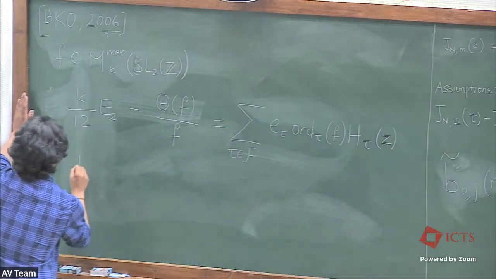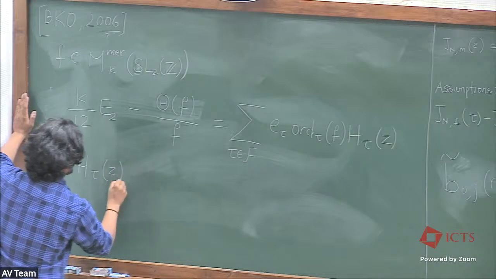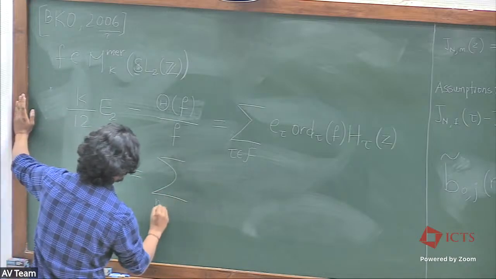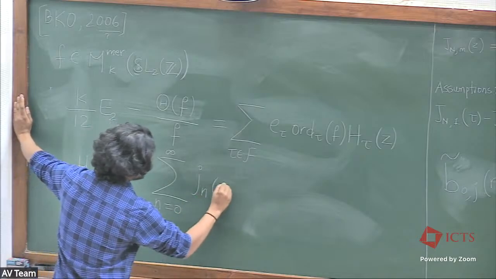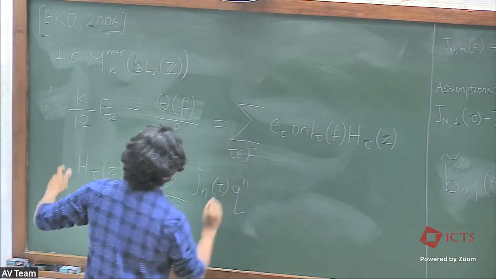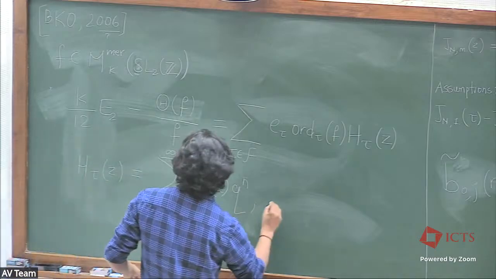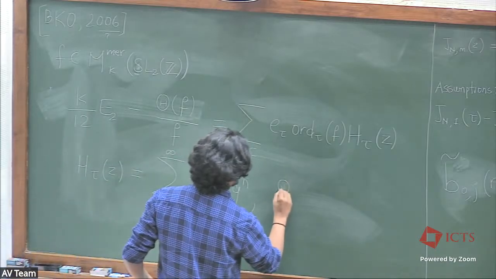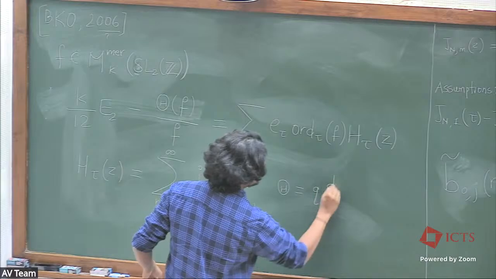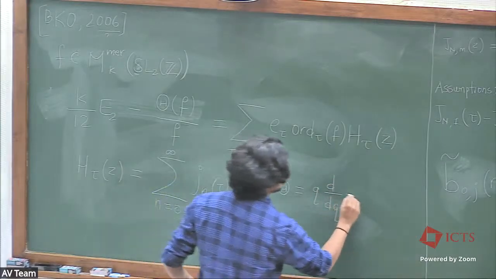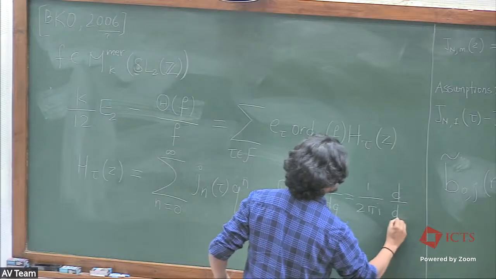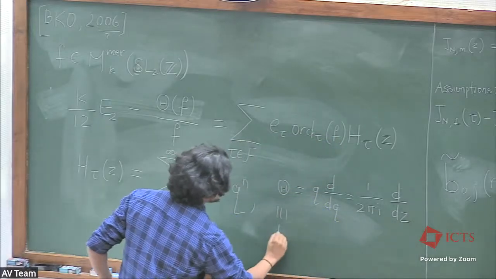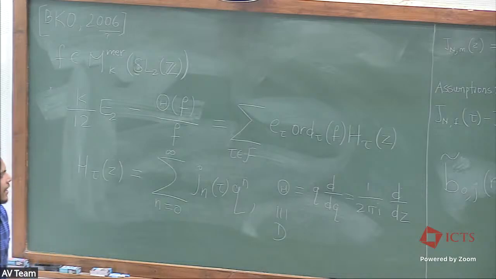So here, tau of Z is just this sum. And theta is just this operator, which was denoted by D in the previous talk.